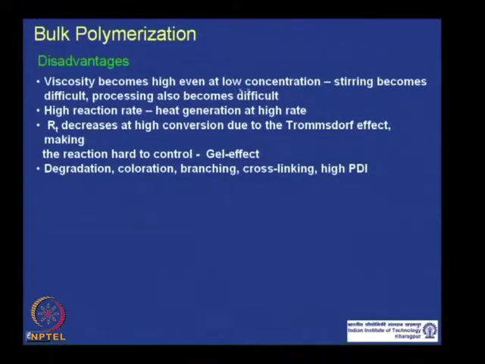So, viscosity becomes high and stirring becomes difficult, and at the end of the polymerization also, if the viscosity of your final polymer is very high, then processing also becomes very difficult.